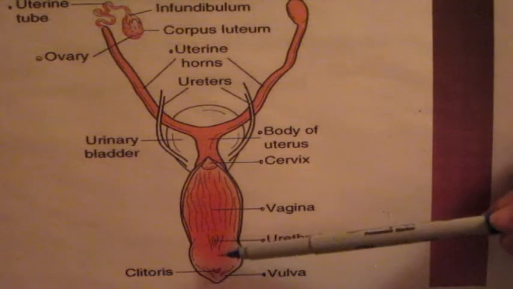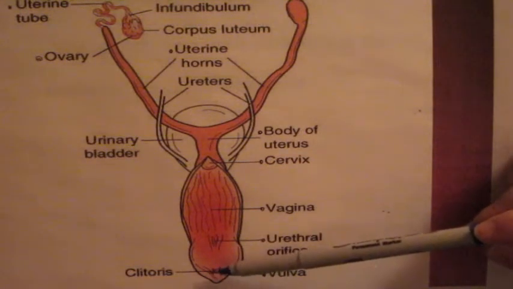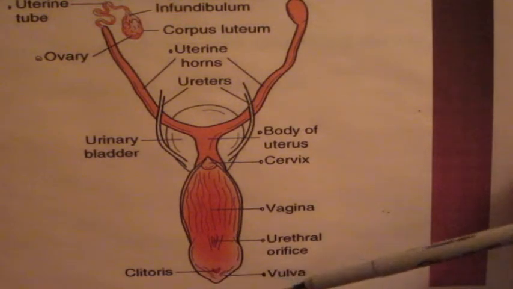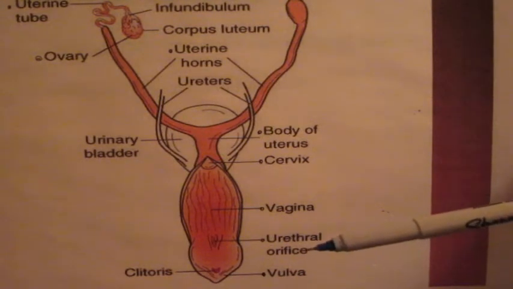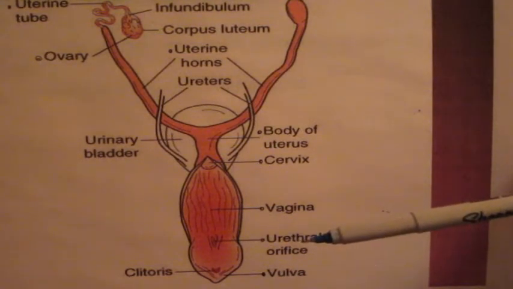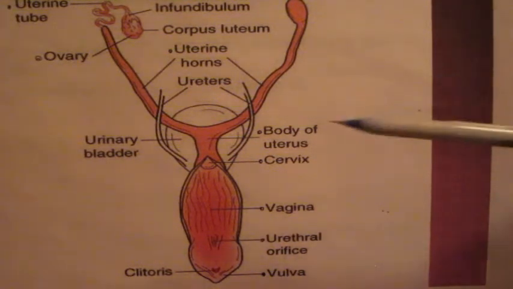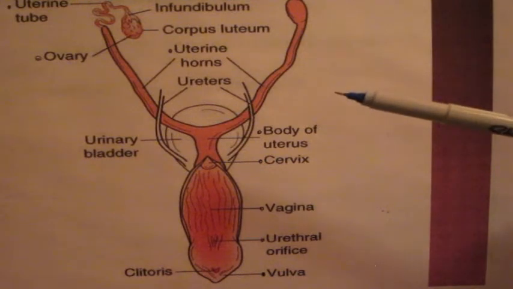Alright, and then coming out, we find ourselves exiting near the vulva and the clitoris. Alright, there are also some external structures that we'll talk about, such as mammary glands, but we'll discuss that after we've gone through the anatomy of the female here.